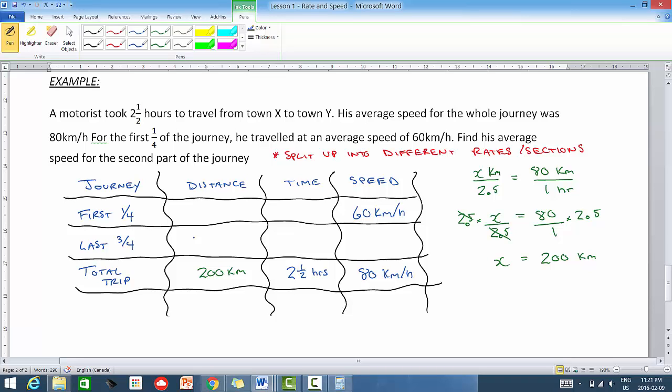So 200 divided by 4 gives us 50. So right there, we have 50 kilometers. Now you can multiply that value by 3, or you can just say, hey, if we go a total of 200 kilometers, and in the first quarter we've gone 50, how much should we be going in the second? We should be going 150 kilometers.